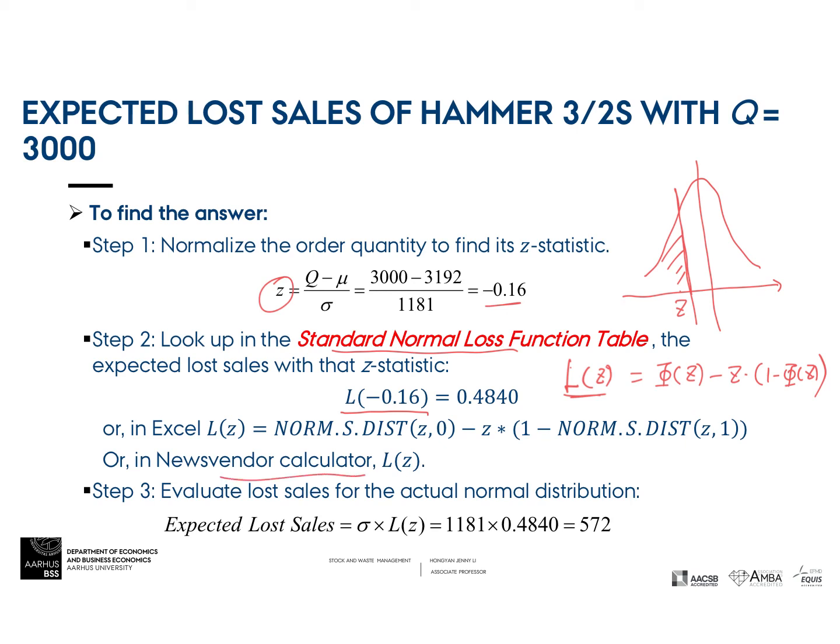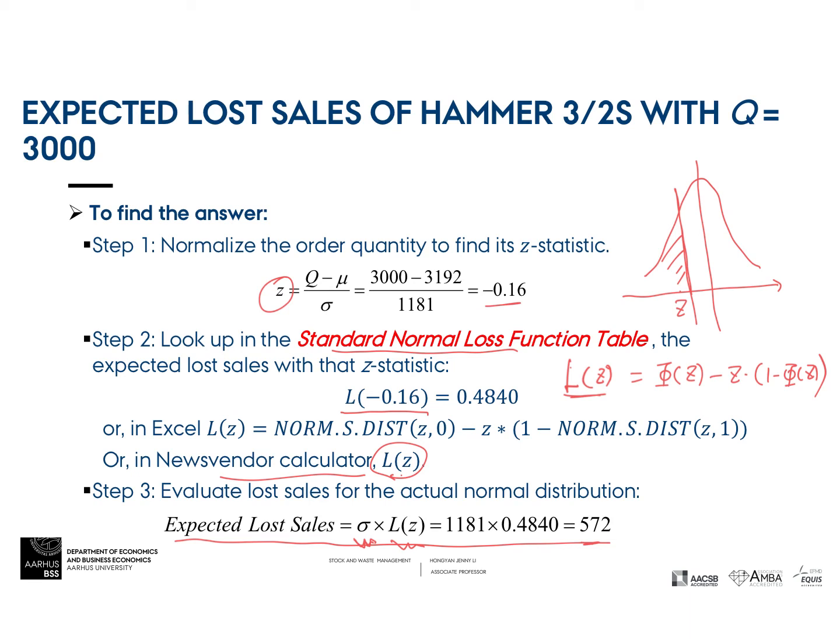In the Newsvendor calculator, you can just put in the zeta value and find the lost sales level for this order quantity. Then the expected lost sales is the standard deviation of your demand times the lost sales level, and you find lost sales of 572 units. So that's how you find the lost sales.